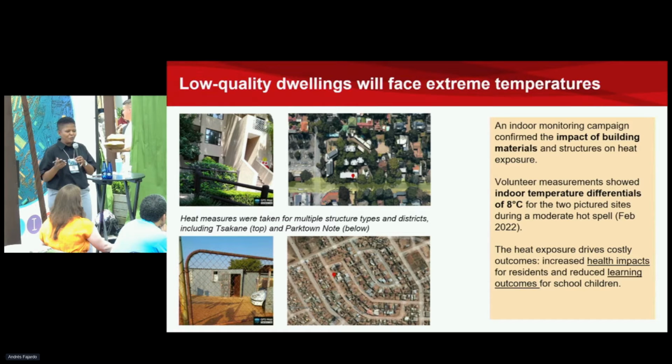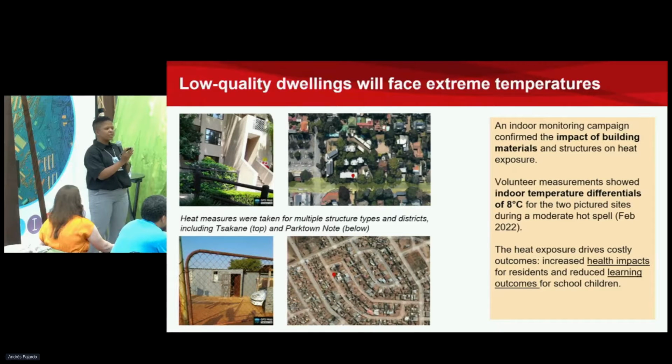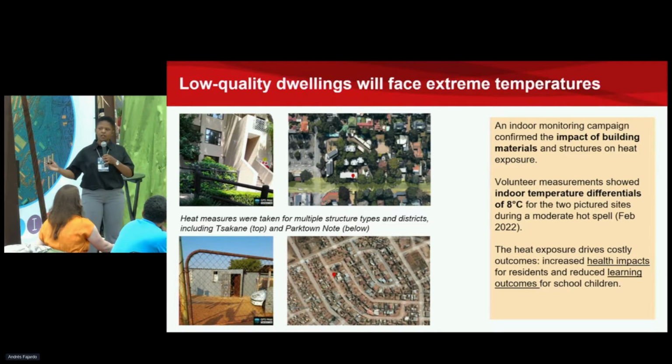So if you're trying to motivate for any urban greening or wetland rehabilitation project, you're competing against high priority projects. But what this work began to give us is that direct link between risk and human health and the evidence base. So what you're seeing here, the four pictures that I'll be speaking about.